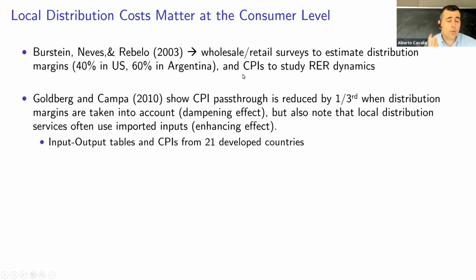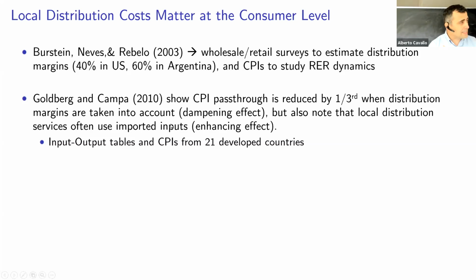But more recently, I would say, and more comprehensively, because it took care of a lot more countries, was the paper by Goldberg and Campa, where they showed that CPI pass-through is actually reduced by one third when you take into account these distribution margins. Okay, this is the dampening effect on the exchange rate pass-through. Now, they also noted that many of these distribution services that we tend to think of as non-tradable actually use imported inputs as part of the service.